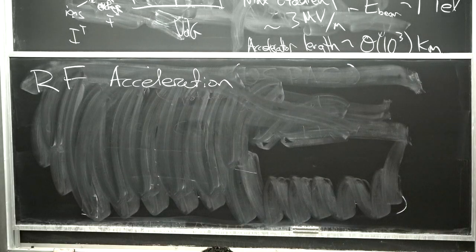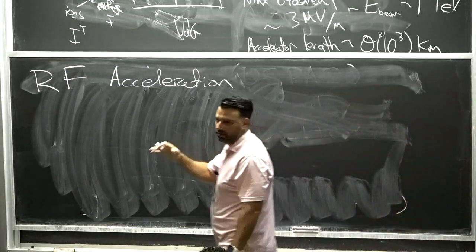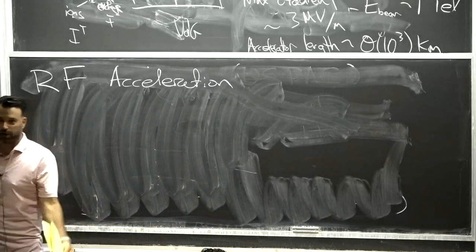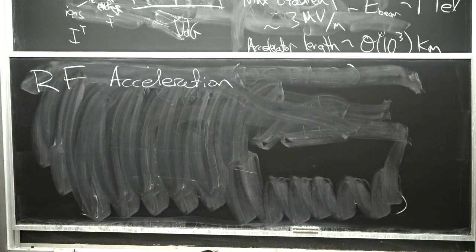So the problem with electrostatic accelerators is that it's all based on the potential I want to get to. If I can't get a big enough potential because of the breakdown of my field, then I'm just out of luck. Now, with RF acceleration, the idea is it's actually very economical to make power sources that have an RF power source.